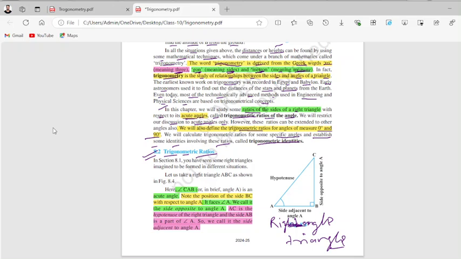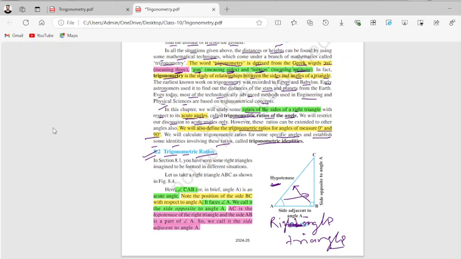A right angle triangle includes a hypotenuse, the side opposite to the angle A, and the side adjacent to the angle A. Basically, this is the longest side of this triangle. The reason is that the greatest angle is B, so the side opposite to it will always be the longest side.